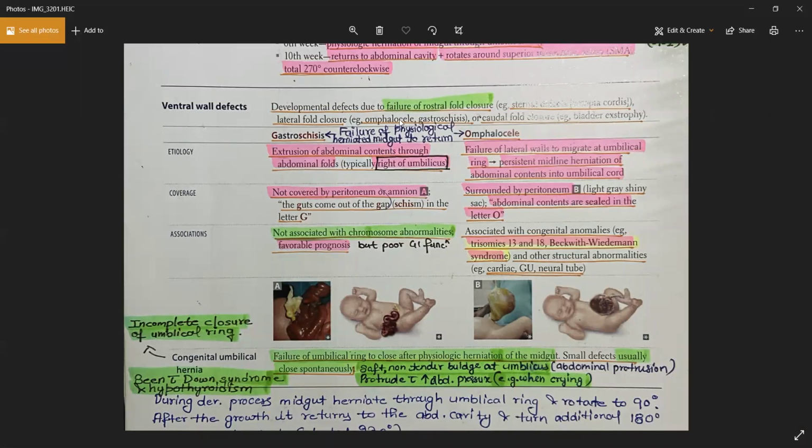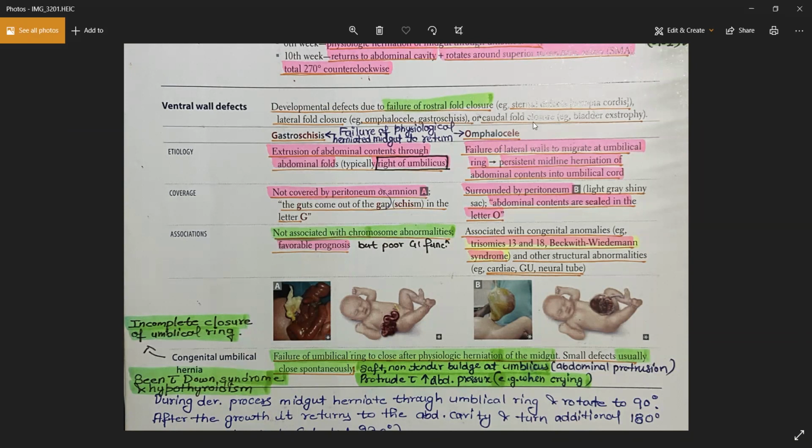If the rostral fold closure fails, it can lead to sternal defects, including ectopia cordis, in which the heart is visible, in case of rostral fold defect, which is towards the head. In case of a lateral fold closure defect, you can have two scenarios, gastroschisis and omphalocele.